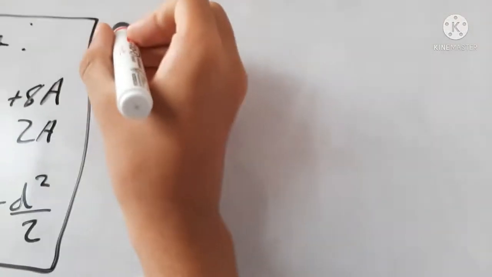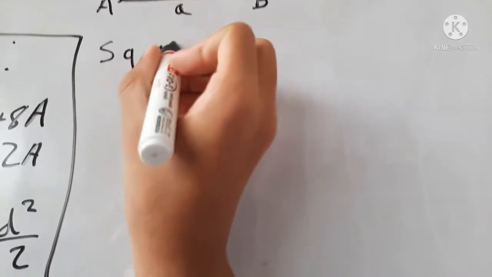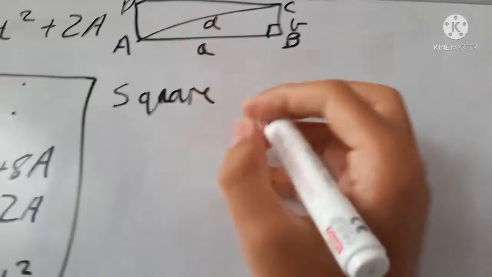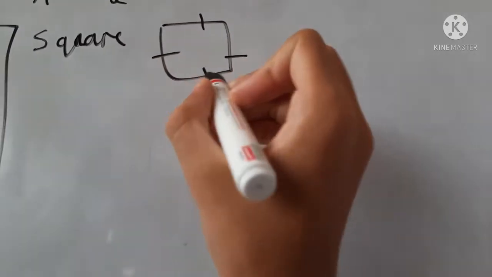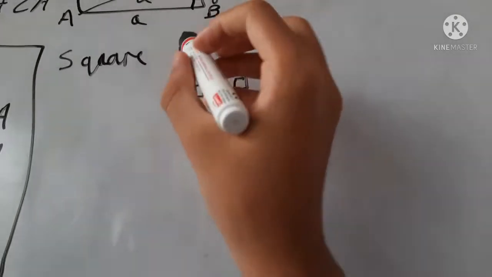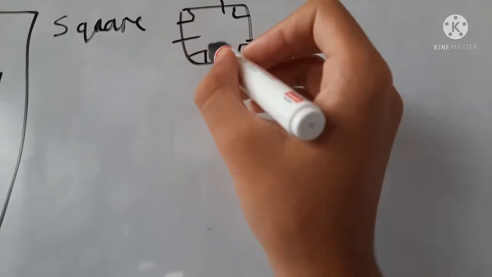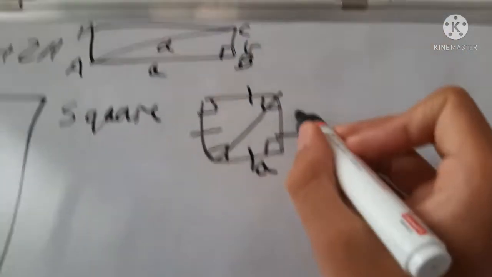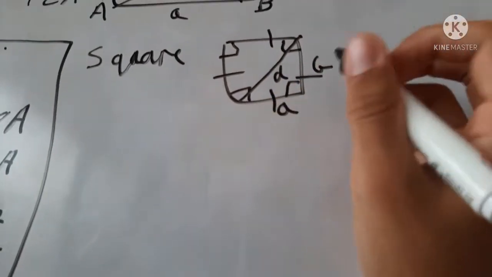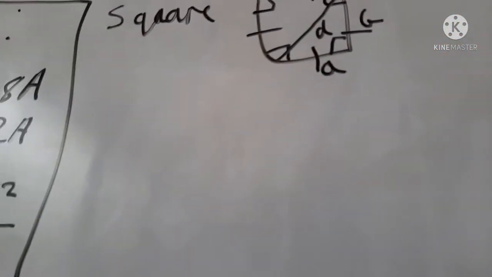And now for a square, let's first visualize everything. In a square, all of the sides are equal, all the angles are 90 degrees, and say we have a diagonal. We'll call this a, this b, and this d.